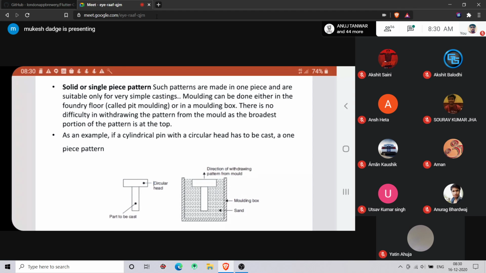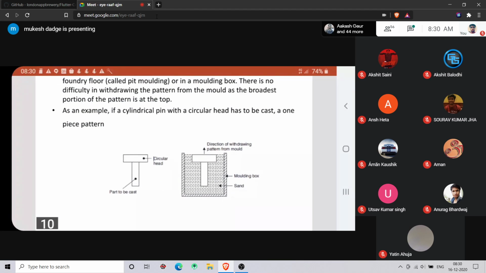This is all about the pattern. What is there on the left side, and on the right side you have made the mold. You put some sand, and after that you put your pattern, and again you put sand and hammer it. After hammering, it will be dense. After that, you can use a tool, a spike rod. With that spike rod, hit your pattern and withdraw it in a completely vertical direction.